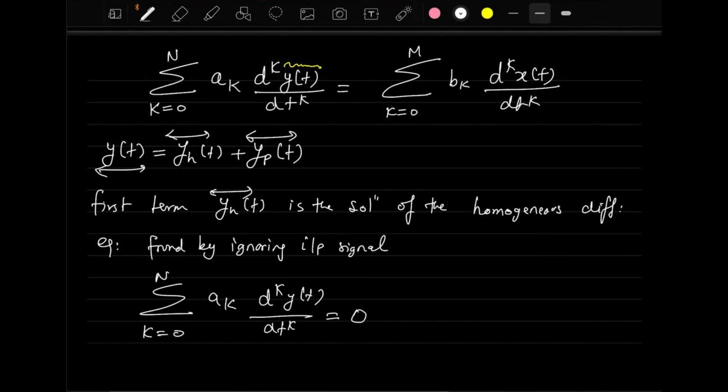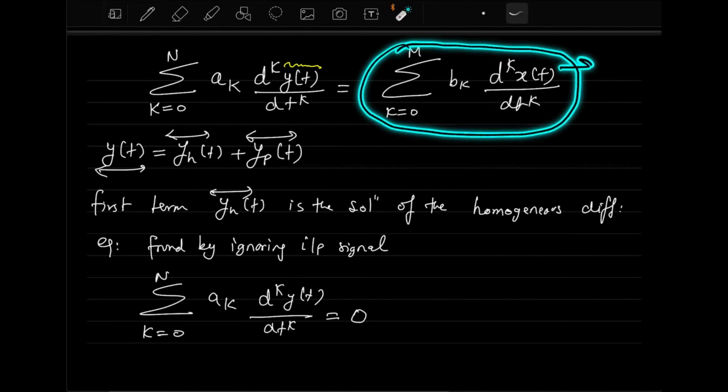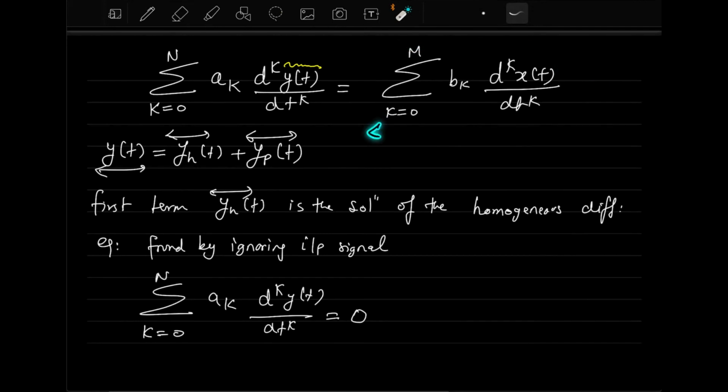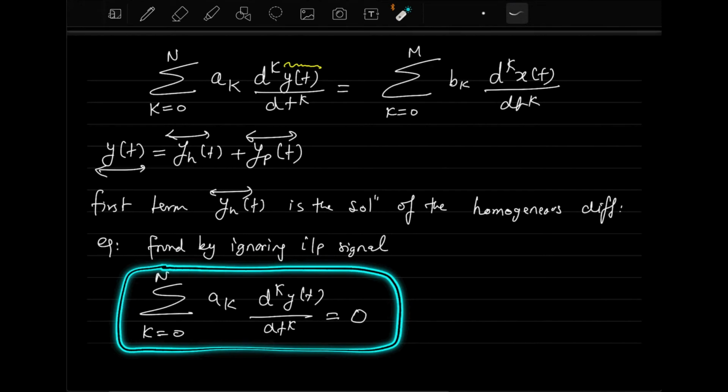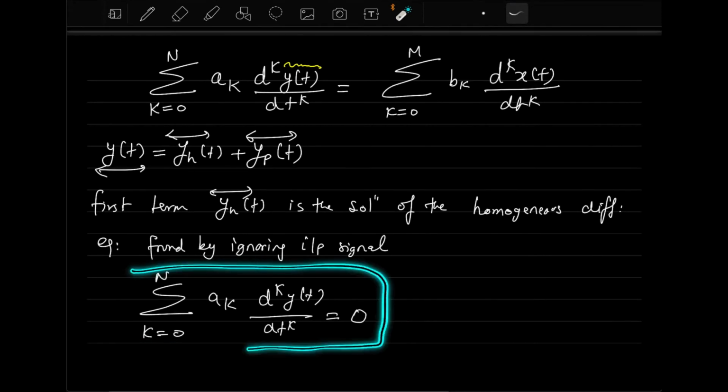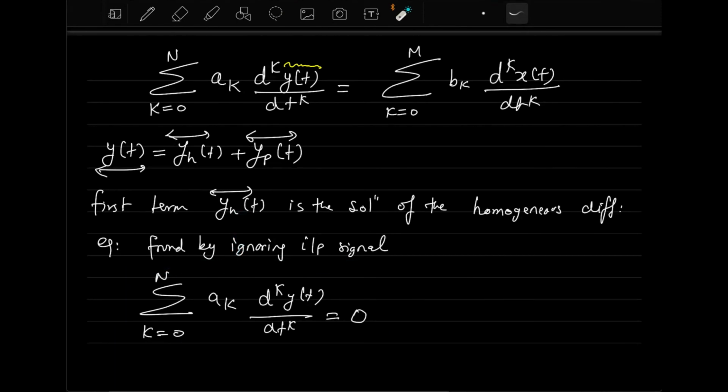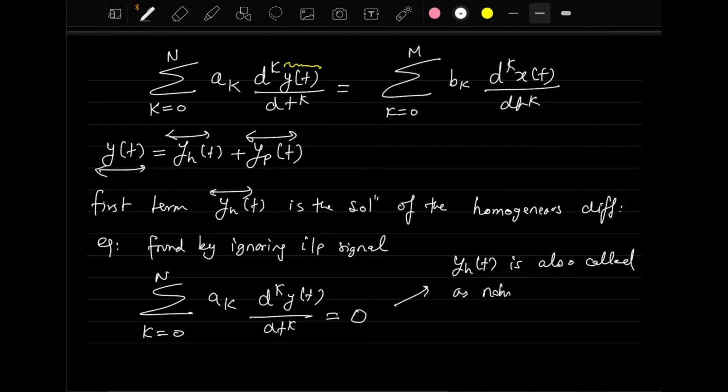So what you are doing in this situation is you are keeping all the values of x(t) as 0. You are forcing your input to be 0. So this whole term will go away and you are only left with the left hand side. The solution of this differential equation will give you yh(t), and it is also called the natural response of the system.